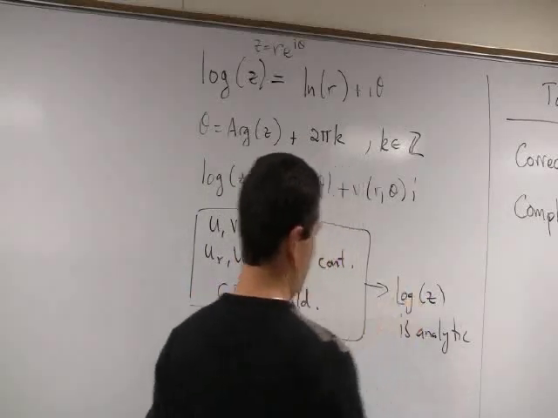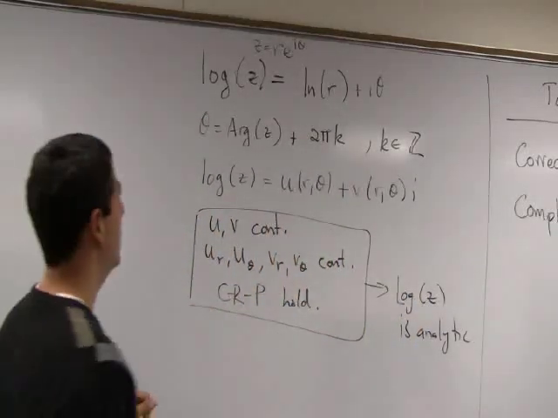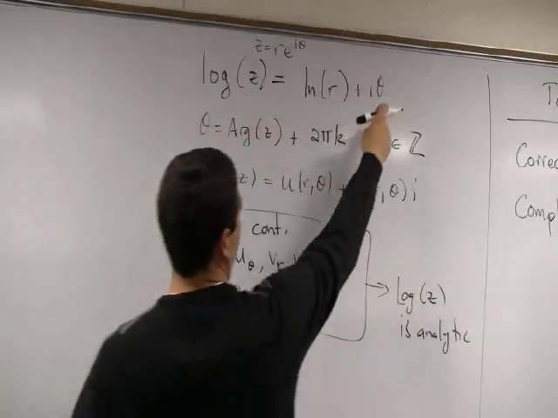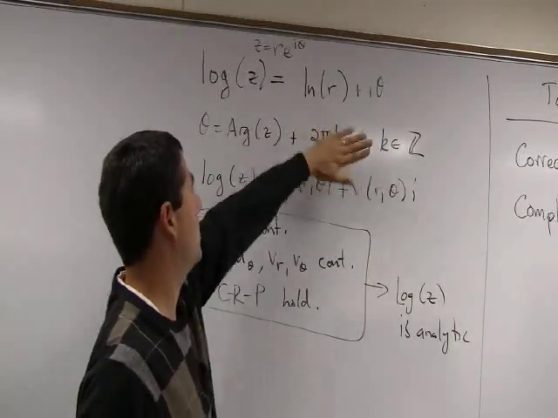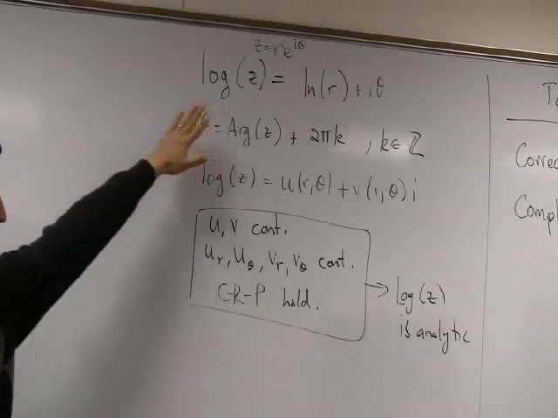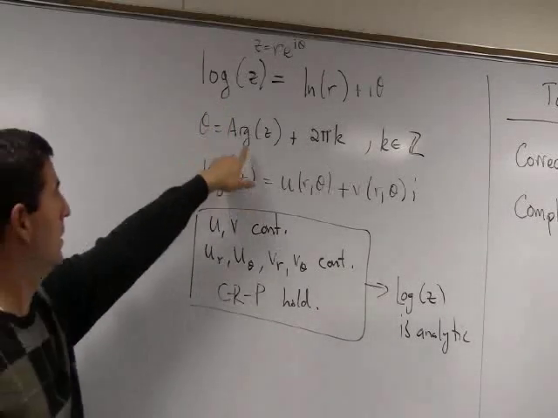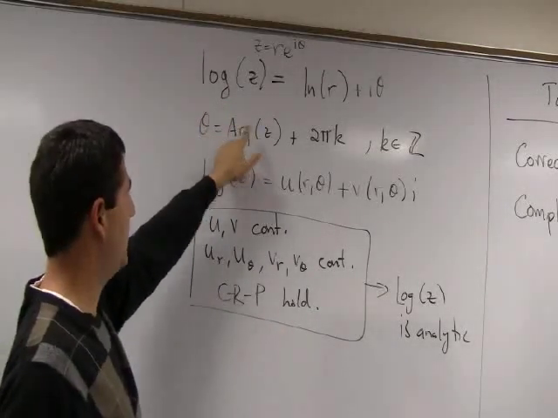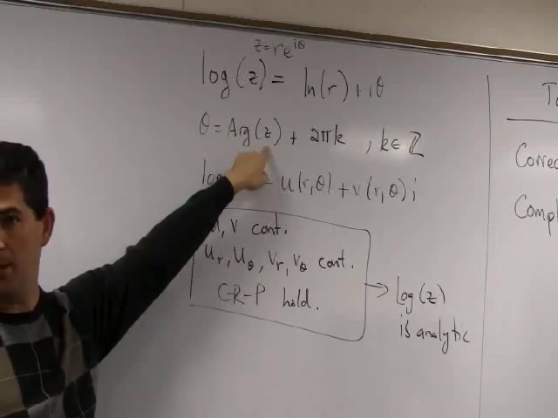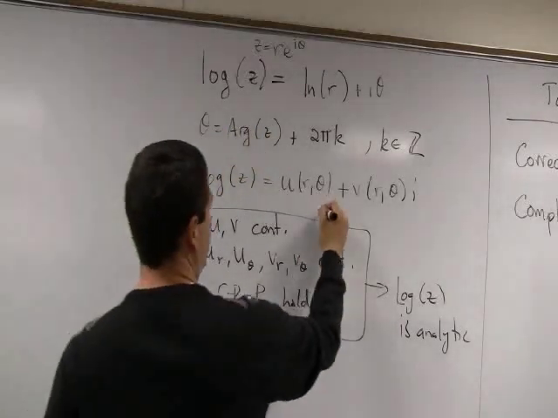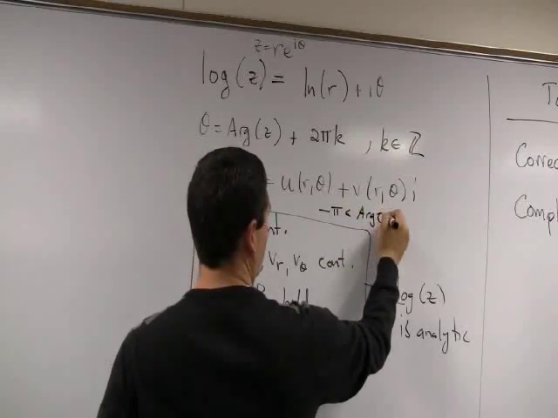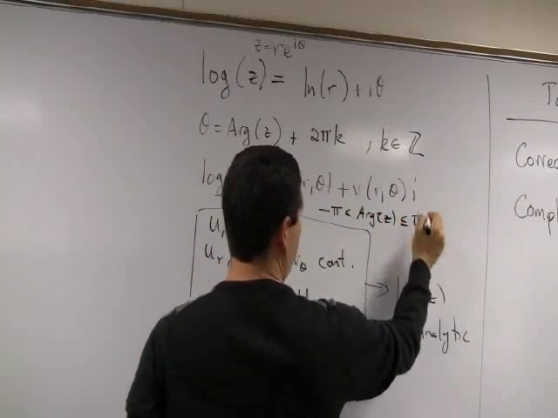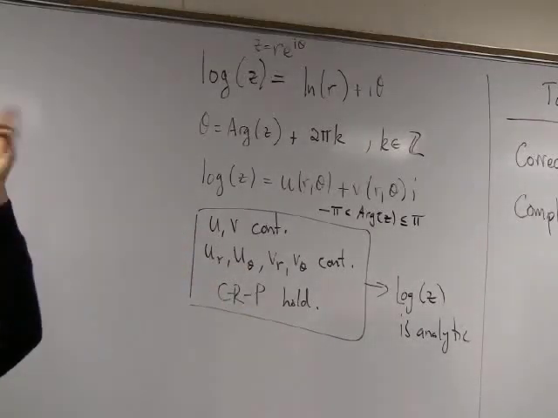But if we go to L, capital L, where we now replace our theta here with the one where k is 0, so if we replace it with just the argument of z, we know that the argument of z always lives between minus pi and pi, right? That was our convention.